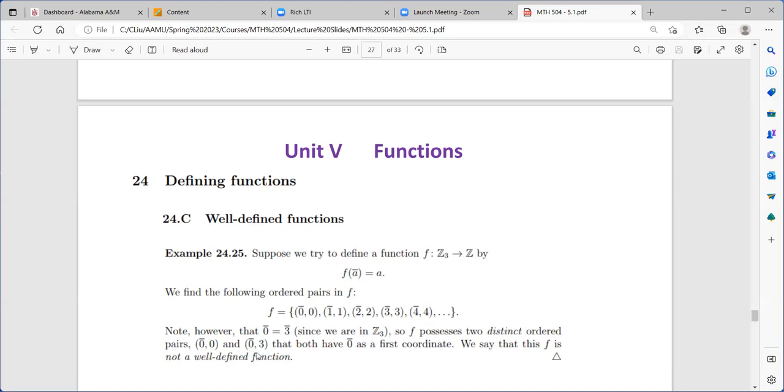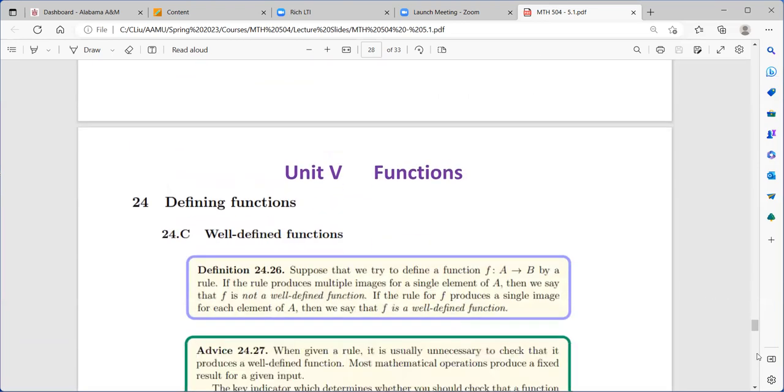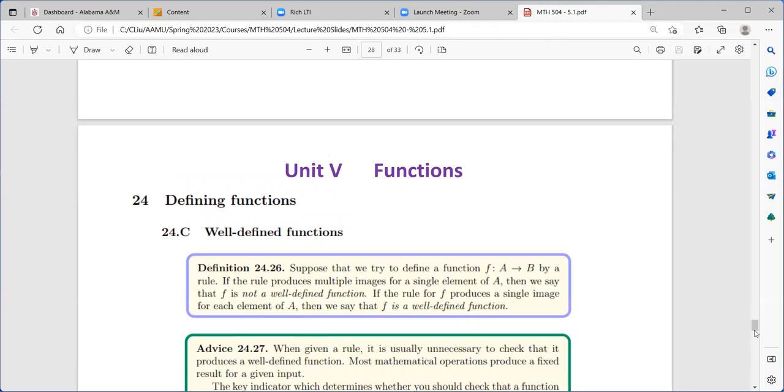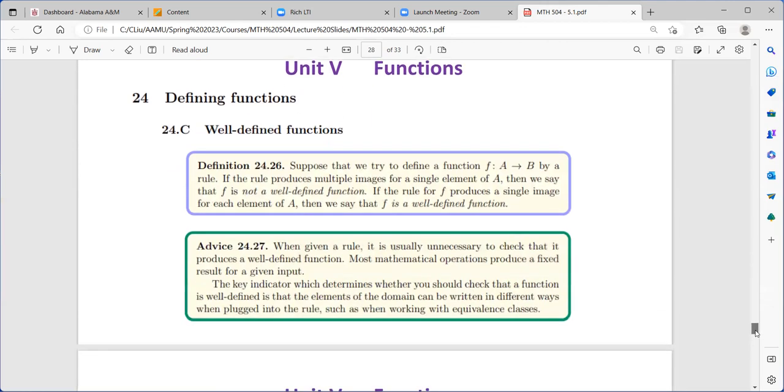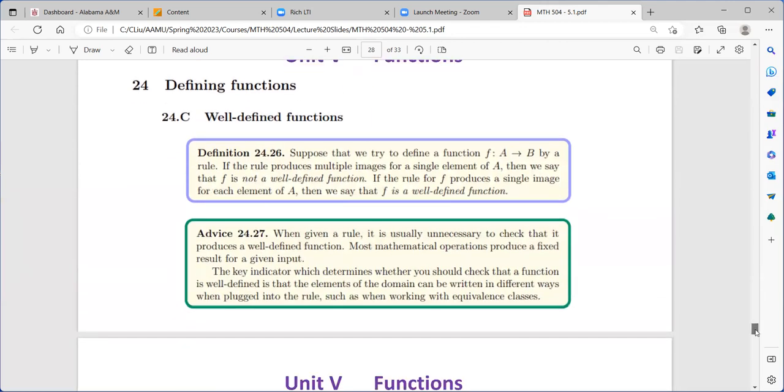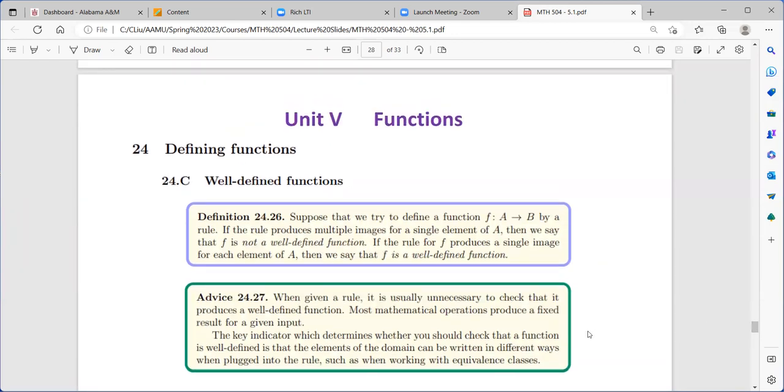And you can actually find other second numbers in this pair, 0 bar, 6, 0 bar, 9, and so on. Okay. One thing we need to be careful about is the wording of well-defined functions. Let's make this definition clear.